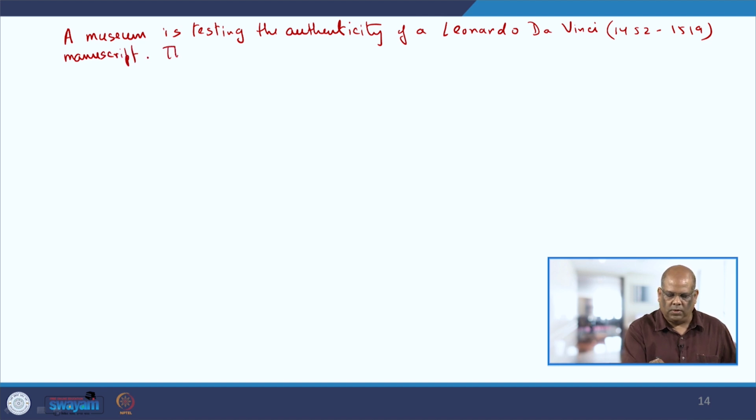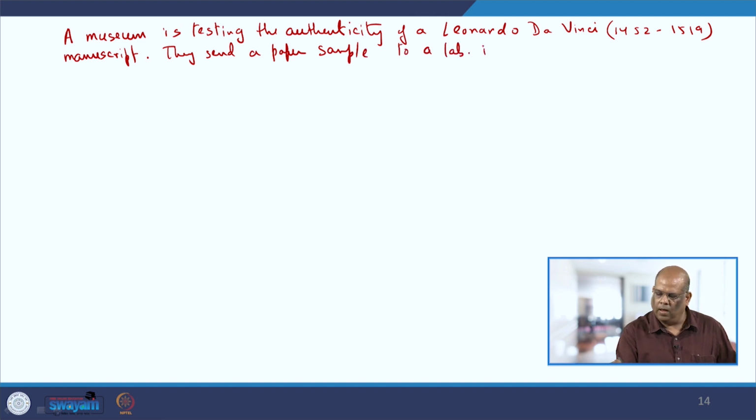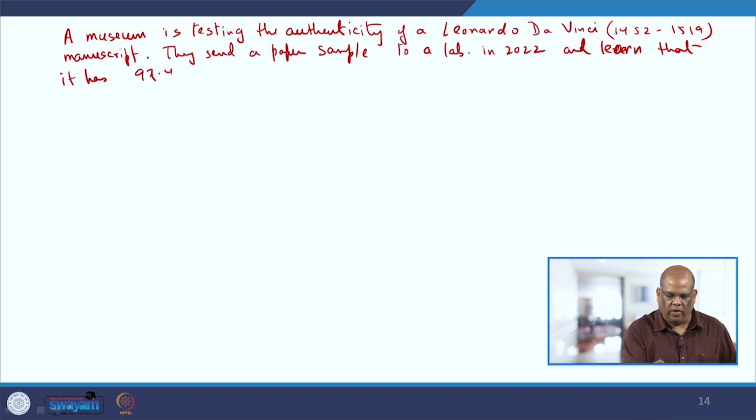So, the museum sent a paper sample to a lab in 2022 and learned that it has 97.4% of its initial carbon 14 concentration.